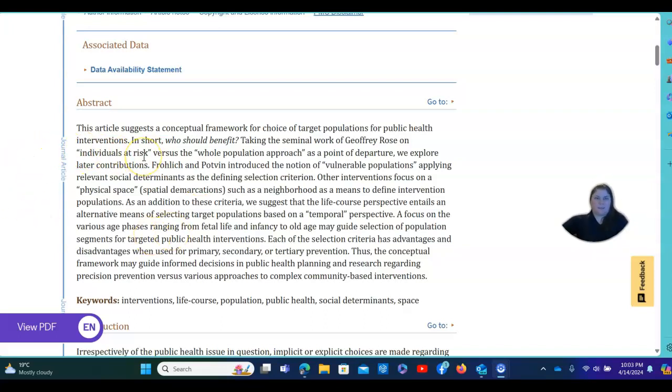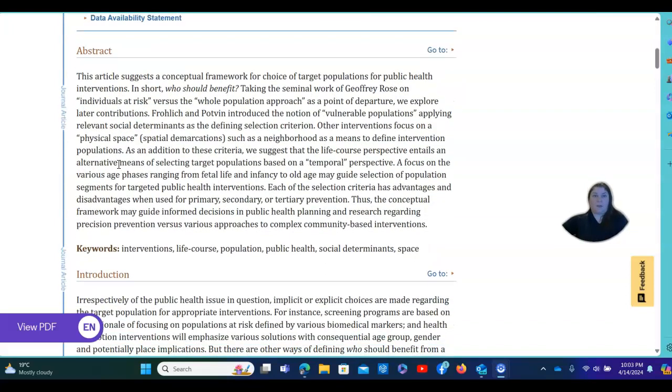So they're looking at a couple of different things. First is, are we looking at the individual at risk, or are we looking at the whole population? They also then go on to explore vulnerable populations, which is something to consider, where you're looking at the impact of social determinants on health and how that can impact what individuals have access to, the quality of healthcare they may get, etc. I mentioned location.